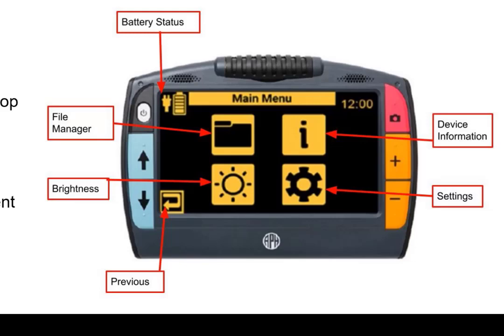In the upper left, we have the File Management icon. In the lower left, underneath that, we have the Brightness icon. In the upper right, we have the Device Information icon, and in the lower right, we're going to have the Settings icon.